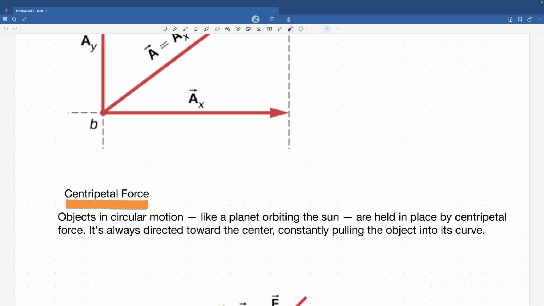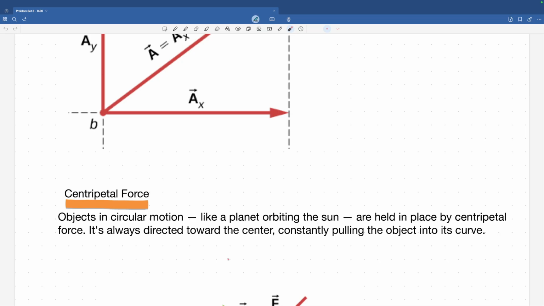That means this force acts on any object that moves in a circular path, like a planet orbiting the sun, or if you have a string with a stone tied at one end and you hold the other end in your hand and then rotate it, there is a centripetal force that's keeping the stone moving around in a circular path.